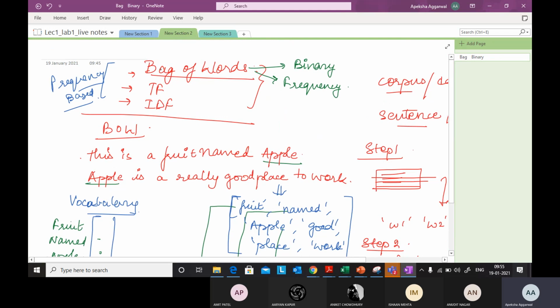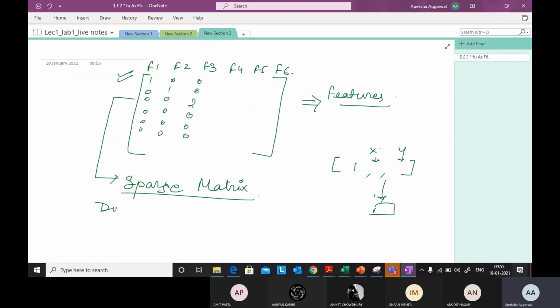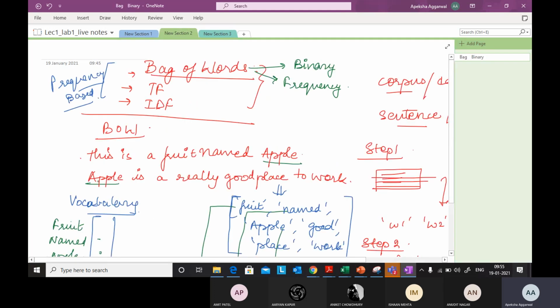There is one more disadvantage. First was the sparse matrix, second is that the context of the word is not retained. For example, if you see this apple and this apple, they are different.